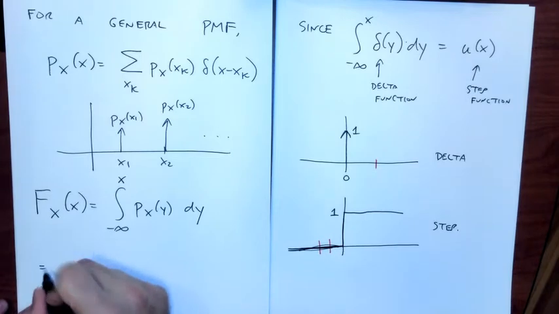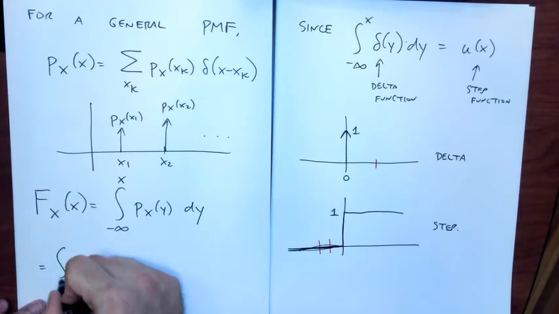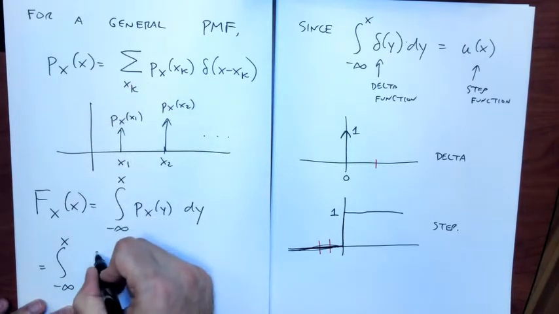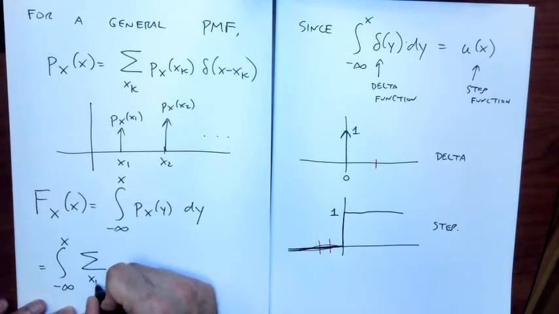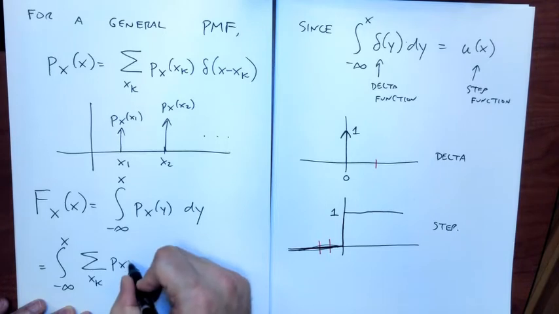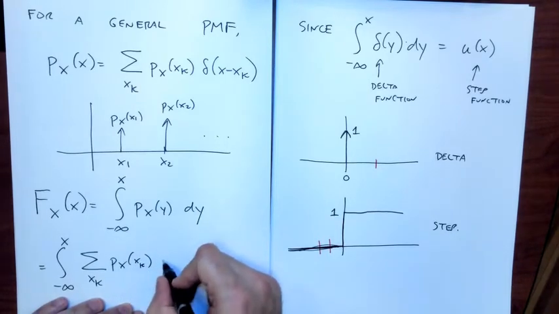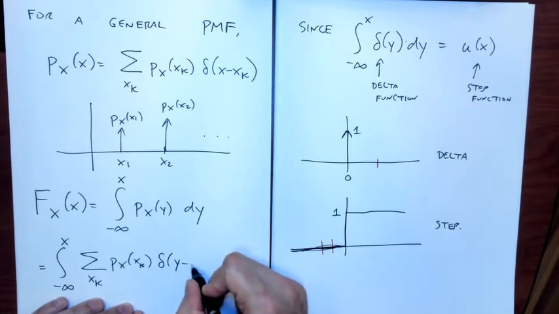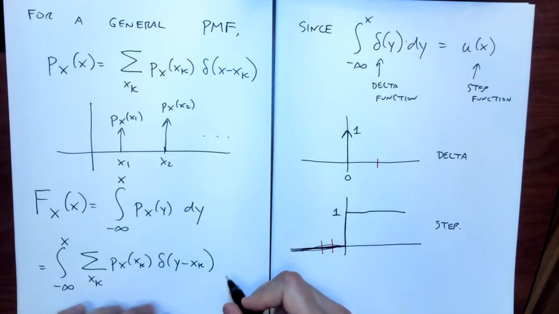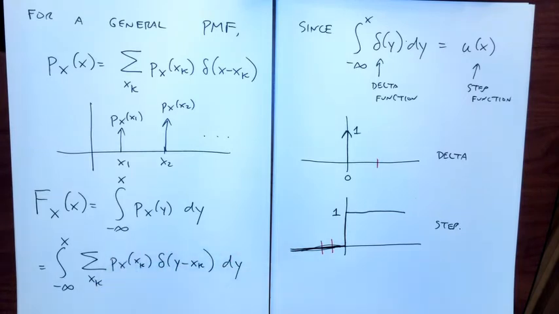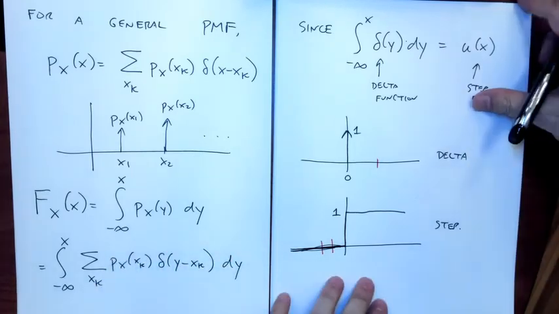So this is like saying, what do I get if I integrate what I know this PMF to be? This PMF is actually the sum of a bunch of delta functions. And to be honest, I think this notation even obscures a little what's going on. The insight is pretty simple.